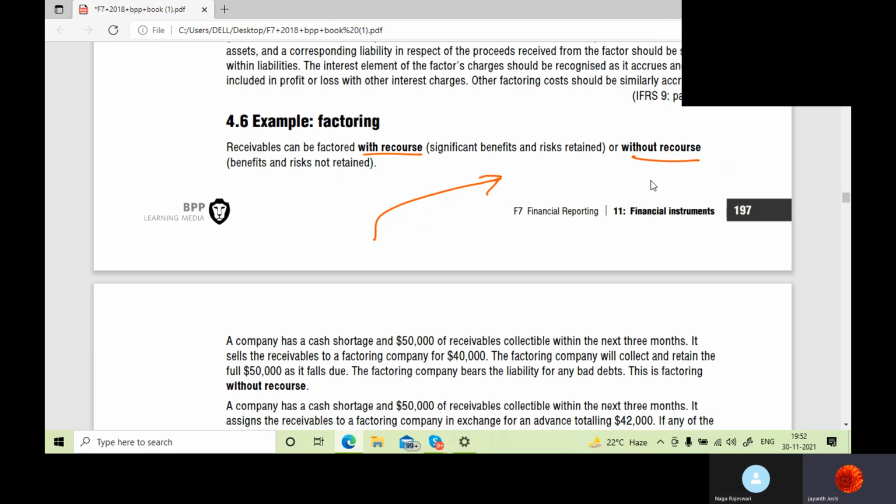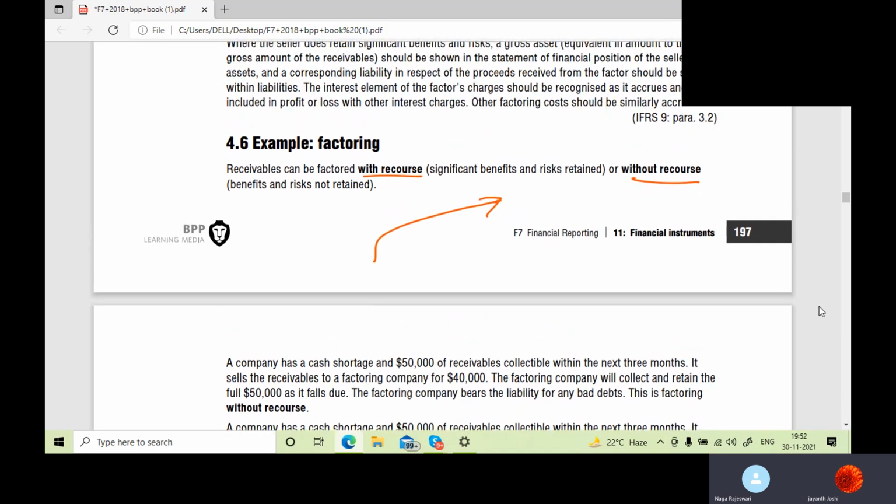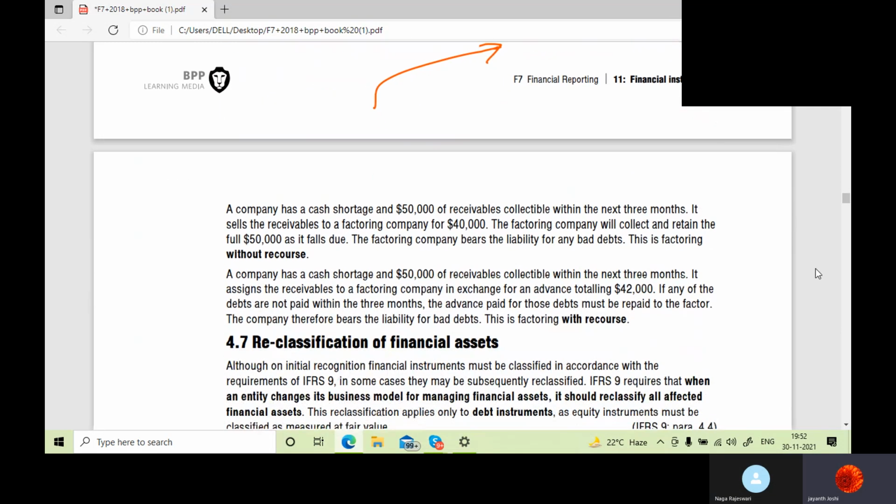Without recourse means you should not take care, they will take care. With recourse, bad debts responsibility stays with you. Without recourse, they will take responsibility.